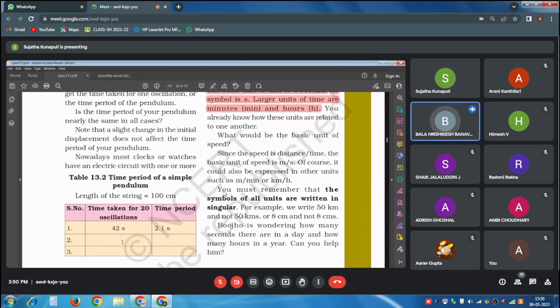For someone, it will be different. No one will get the same readings, even when we do it singly five or six times. At that time also we don't get the same readings.